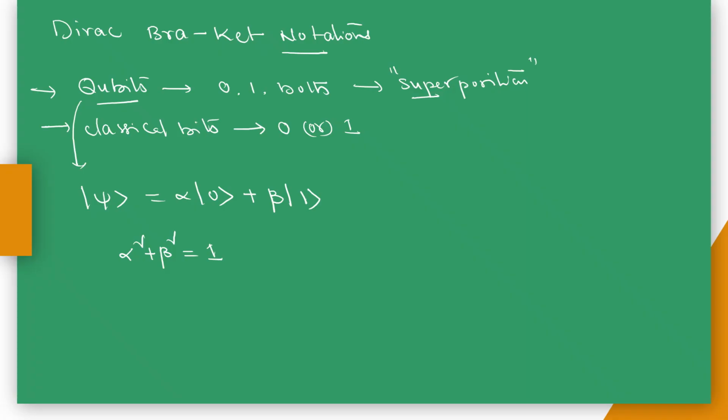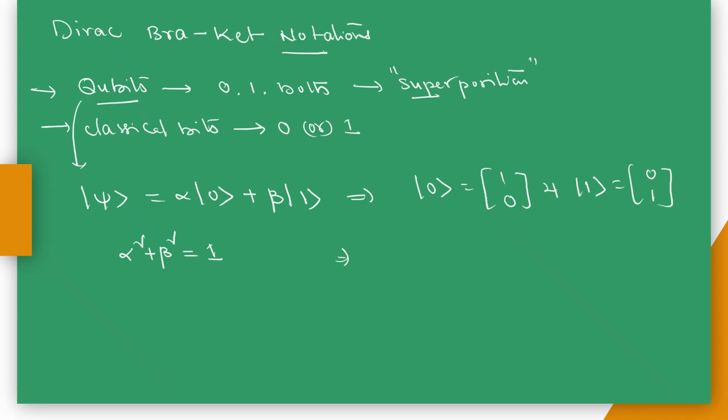We also represent this in a mathematical way. Here state 0 is a column vector (1, 0), and state 1 is taken as (0, 1).